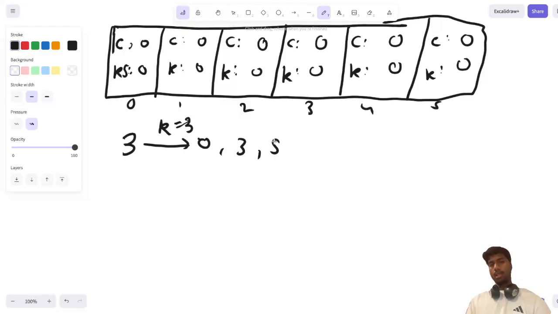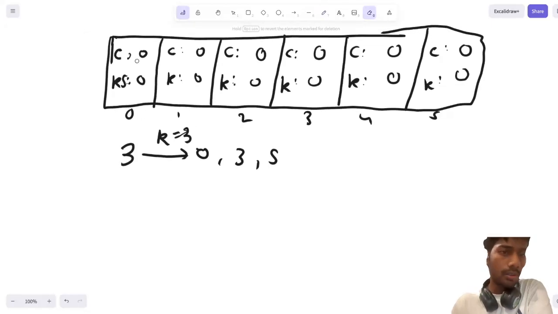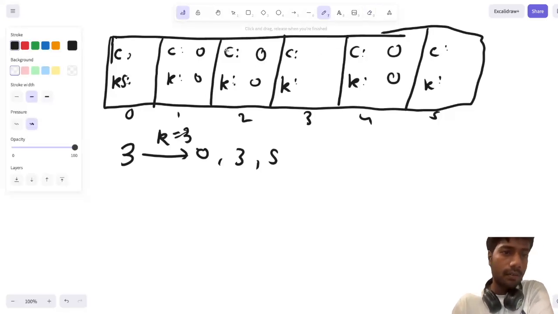So now what will happen is that it will go to each of these indices 0, 3, 5, and the first thing that it will do is increment the count by 1 and add the key to this key sum: 3, 1, and a 3, 1, and a 3.